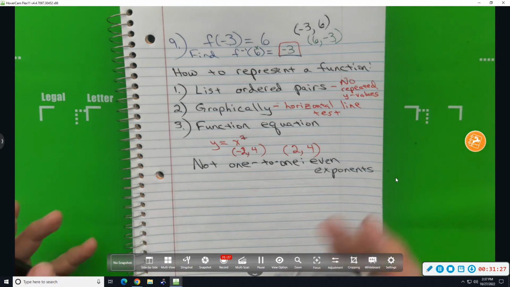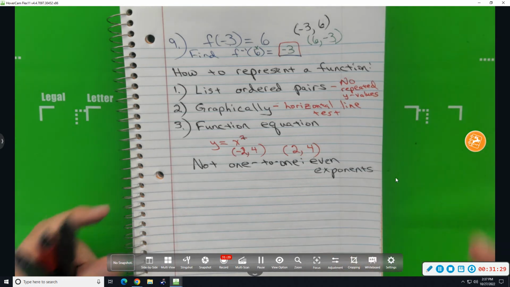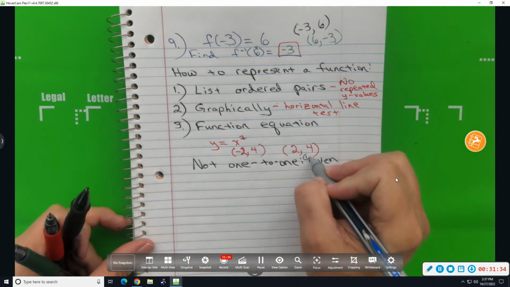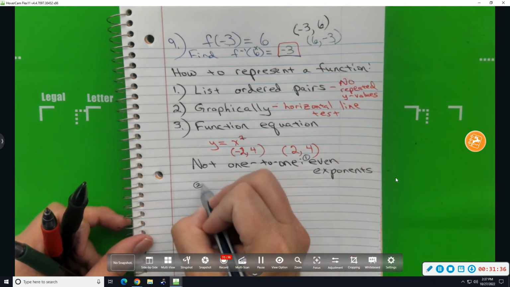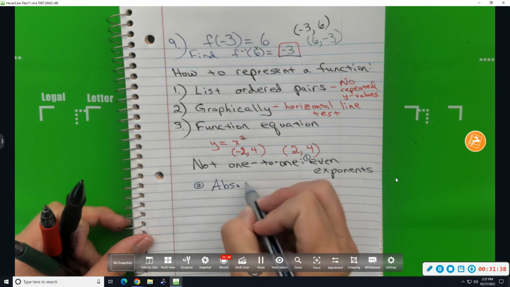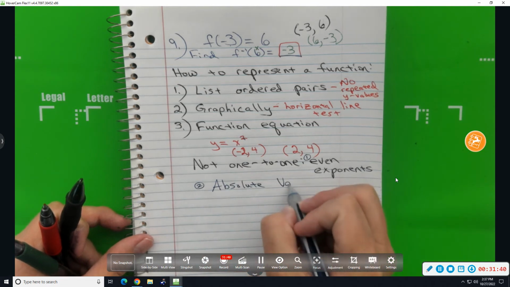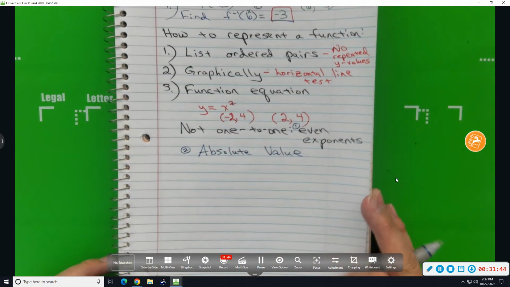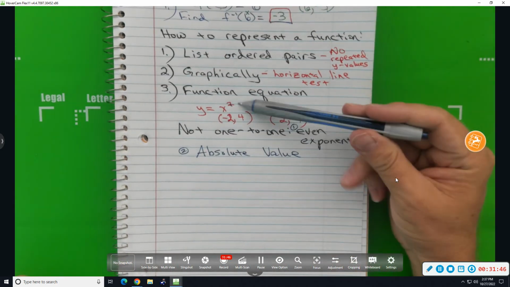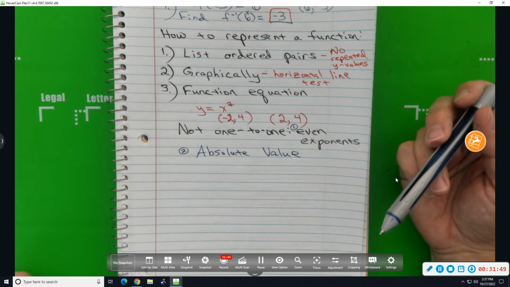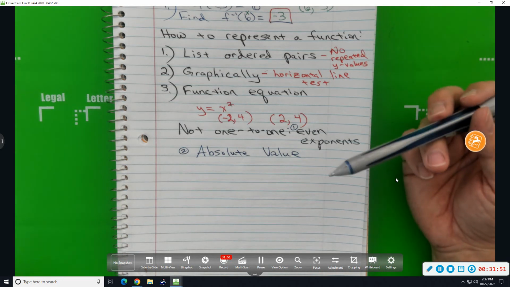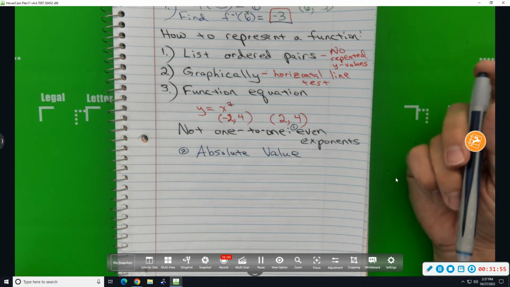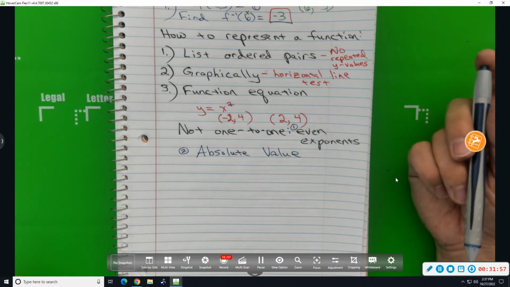If your equation involves absolute value, it's not going to be one-to-one. So, even exponents, not one-to-one. Absolute value, not one-to-one. When you're looking at a functional equation, if you have even exponents or absolute values, it's not one-to-one. They won't ask you to find the inverse in that event.